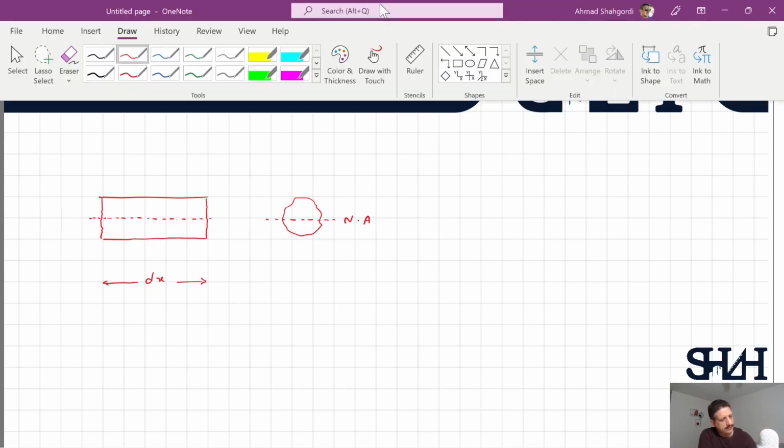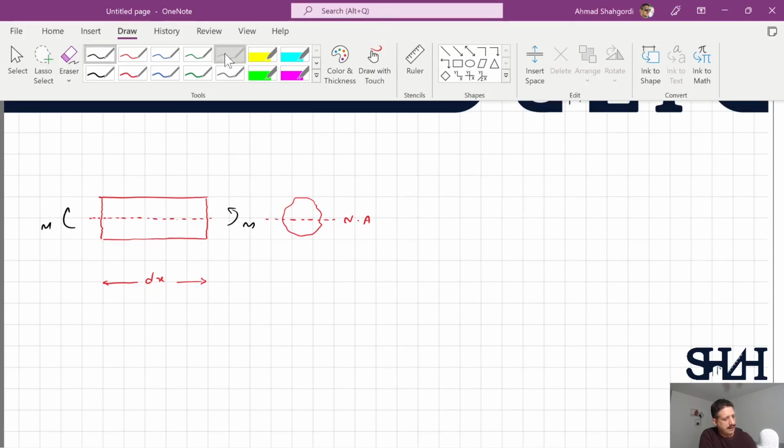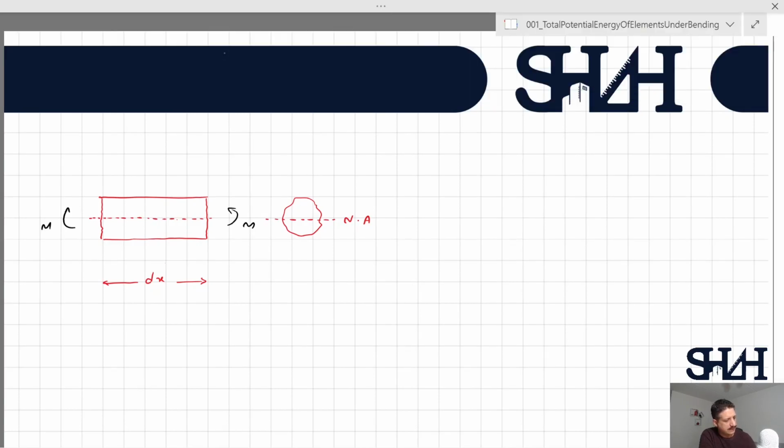So after applying the force, which in this case will be bending moment, we will have the deformation of this element.